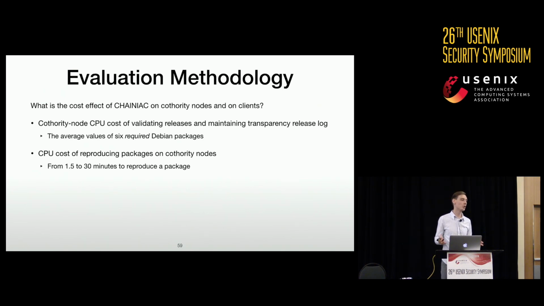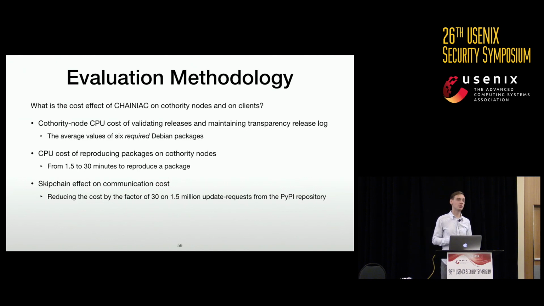What we're basically doing is taking a Docker container, creating the recorded environment and building, and then comparing the hash. We evaluated the benefits of skipchains, and we took real data from the Python package repository, and it allowed a factor of 30 decrease in communication cost.